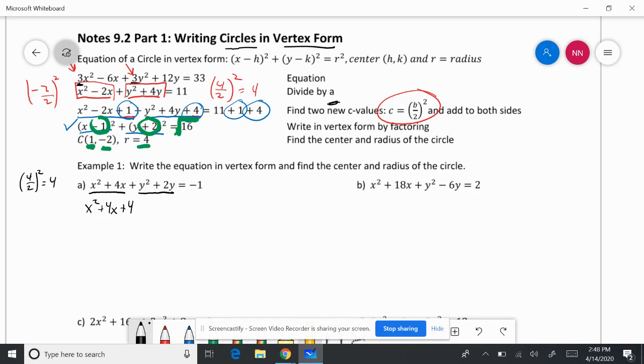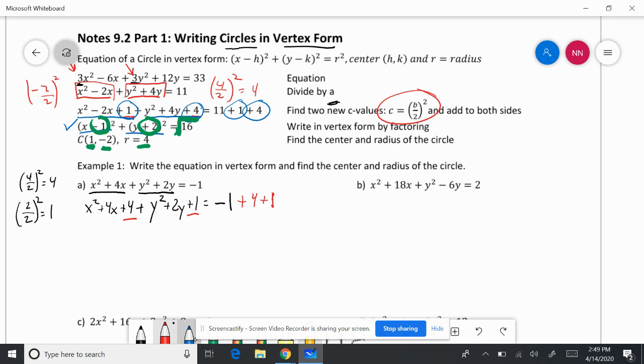Then for the second one, we have 2 over 2 squared, which is 1. So that's plus y squared plus 2y plus 1 equals, we have our negative 1. But remember, since we added the 4 and added the 1, we're going to add the 4 and add the 1 on the other side.